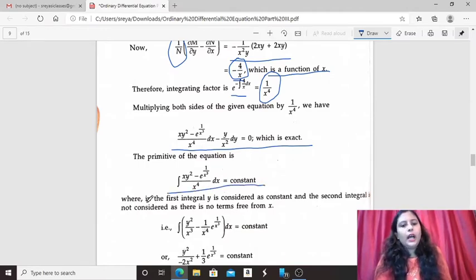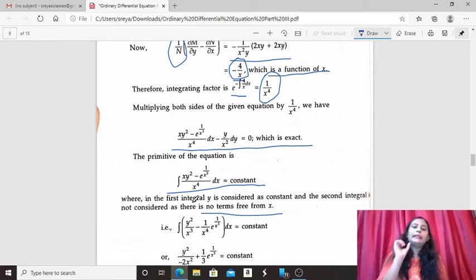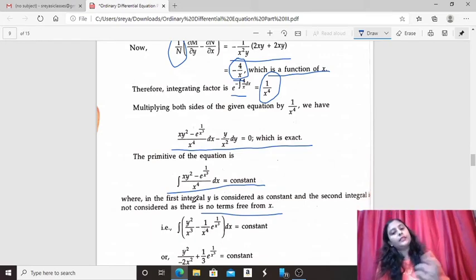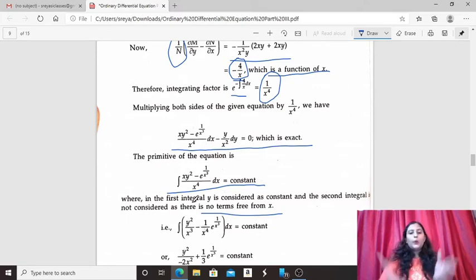Again, in the first integral, y is considered as a constant, and in the second one, it will be seen that there is no term which is free from x. That was rule 1 while calculating the integration. At that time we said that for integration of an exact equation, we can go by either of two rules. The first rule was to integrate the first term and keep y as constant.